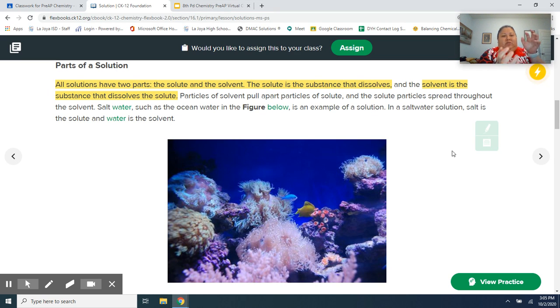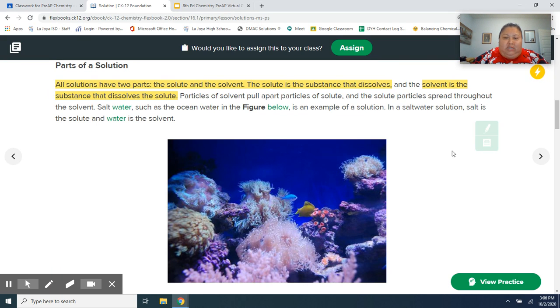Those molecules will surround one atom of salt and pull it away. Other particles will go to the next atom and pull it away, and the next atom, and the next atom. And it's going to keep on eating at that solute until it's completely broken up, and all of those particles are floating around, surrounded by water molecules.